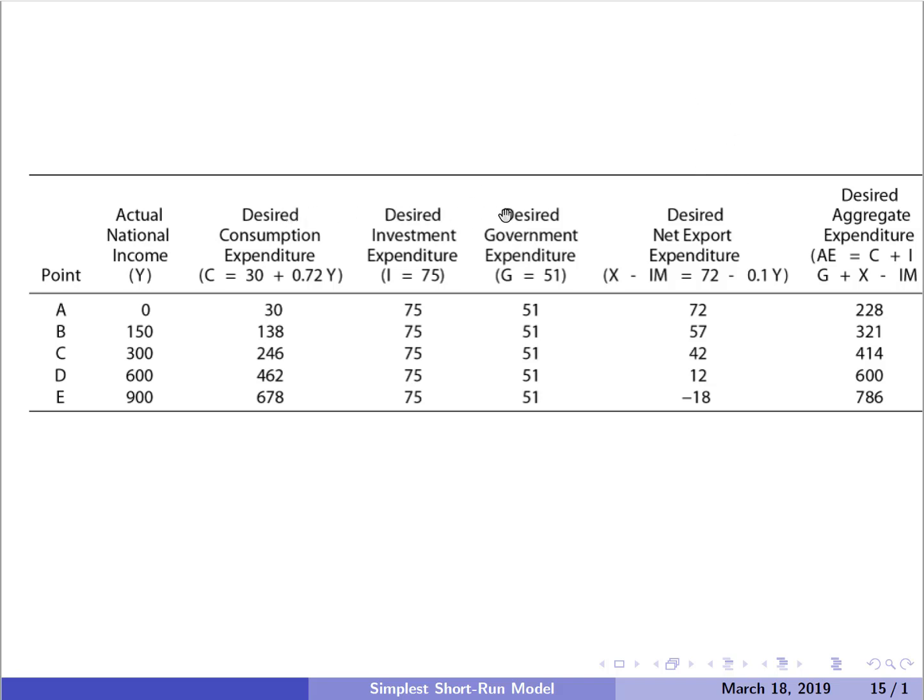These are the individual components in the next 4 columns. And then finally, we add them all up to get this AE function. And so equilibrium, as we talked about before, is when Y equals AE. So this second column equals this last column. And so we can see just by this table, it's going to be at 600. But again, we don't want to have to make a table like this every time we want to solve it. We'll solve this numerically by setting AE equal to Y.